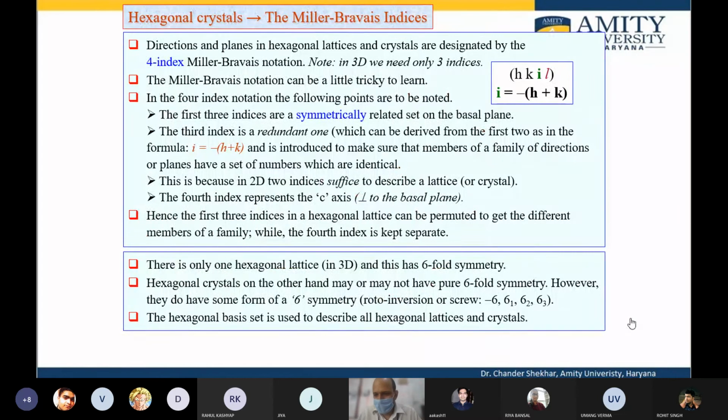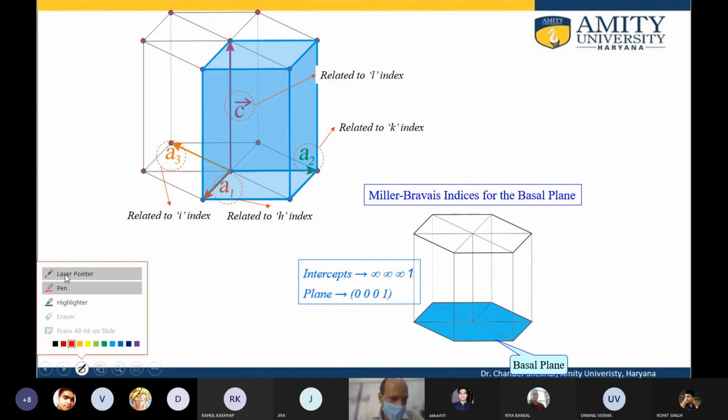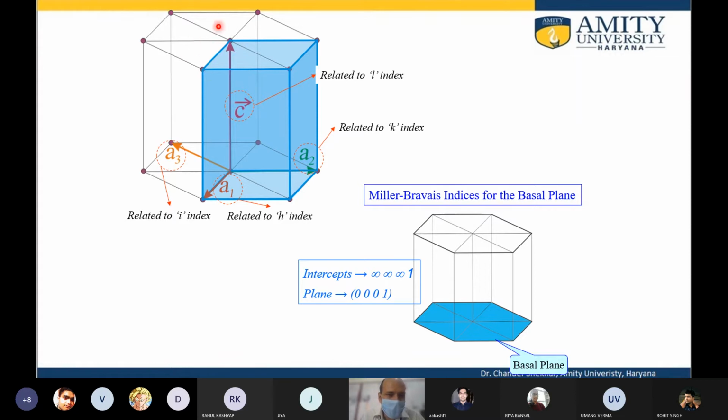Now if we look at the hexagon, this is the crystal structure. The hexagonal unit cell is not a primitive unit cell like those we have already looked at. The hexagonal unit cell is made up of 3 primitive unit cells, shaded in this diagram. If this primitive unit cell is repeated 3 times, the hexagonal crystal lattice can be generated.